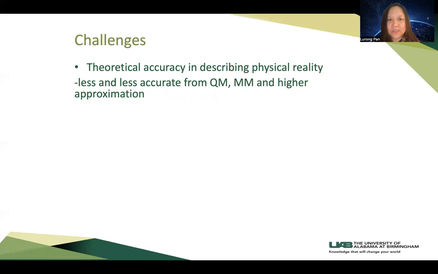Those results are highly correlated to experimental measurements. However, when we go to molecular mechanics or the higher approximation of molecular dynamics, it gets lower resolution and is also far from physical reality in terms of experimental correlation.